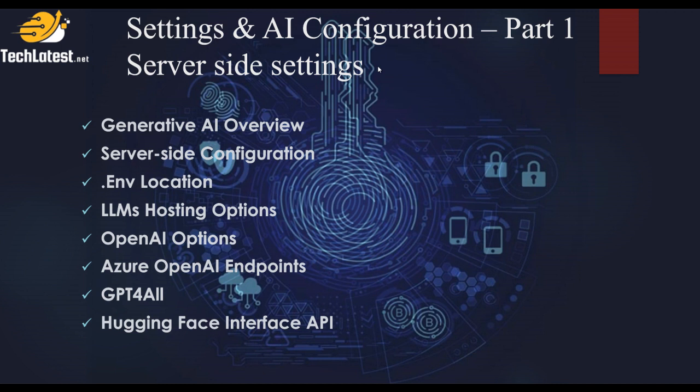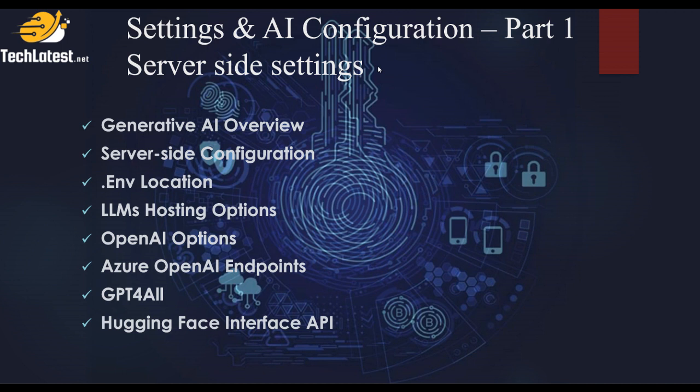In this lecture, we're talking about the generative AI overview, like what the generative AI settings in Danswer are, and server-side configuration, the .env location. This is one of the most important parts. There are various LLM, large language model, hosting options available in Danswer, like AWS, Amazon Bedrock, and OpenAI, and other options also.